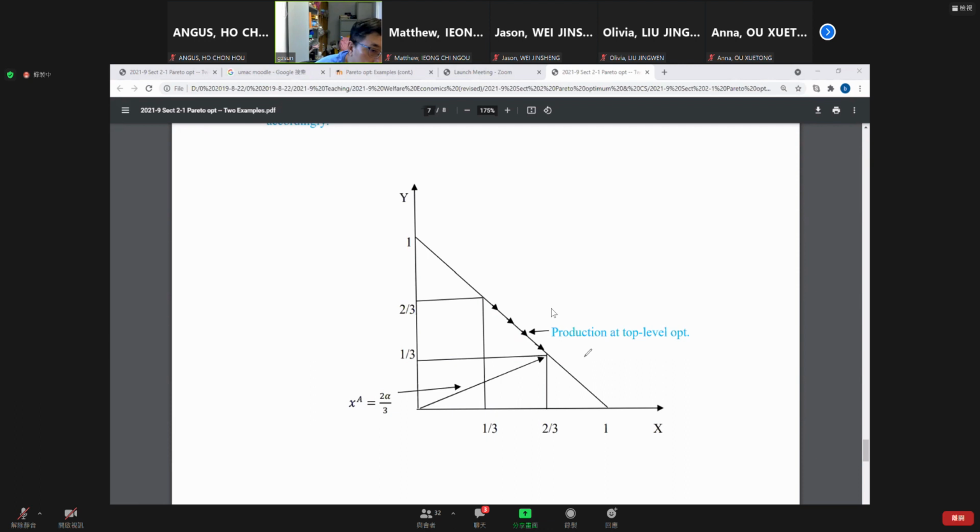We should organize the social production at some point from this range. This is the so-called top level production, and where we should go depends on alpha. So when alpha increases, let's look.